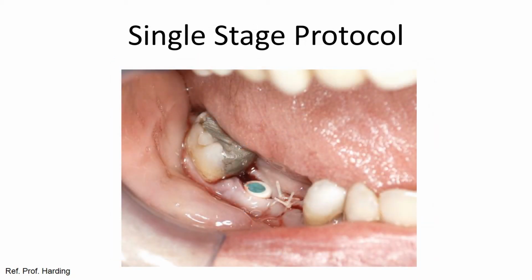It's important at this point to be able to differentiate between a single stage protocol and immediate functional loading. In this situation, the implant has not been buried under the gum.